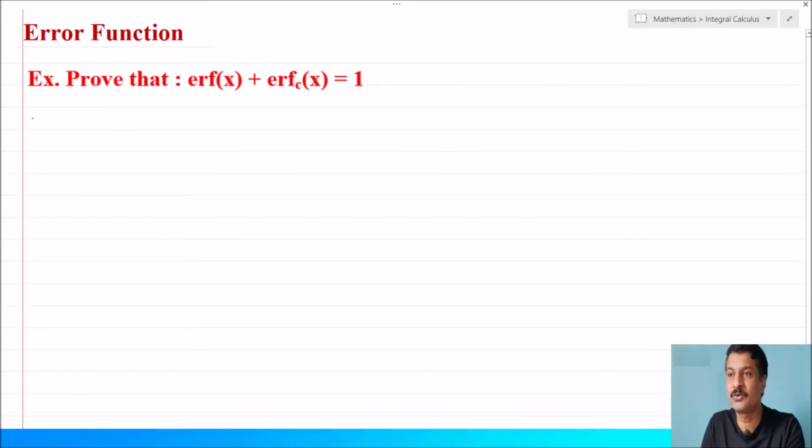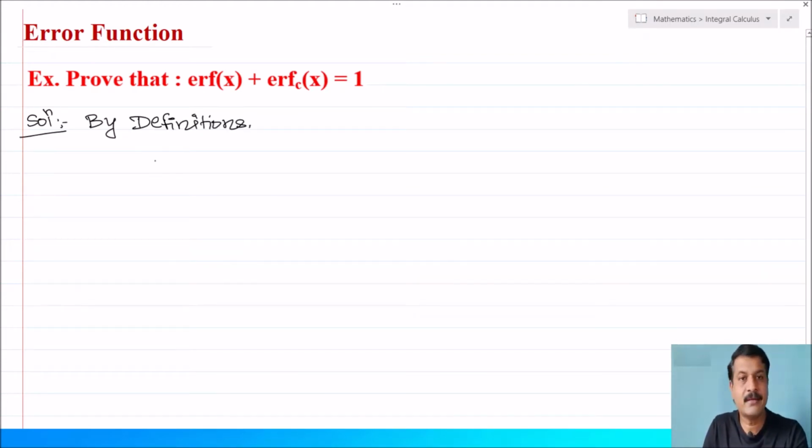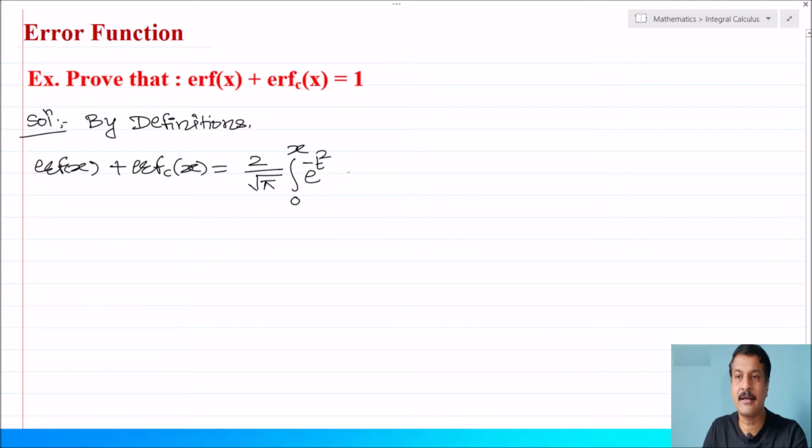The solution: by the definition of the error function and the complement of the error function, we can write erf(x) plus erfc(x) equal to 2 by root pi integration from 0 to x e raised to minus t square dt, plus the definition of the complement, which is 2 by root pi integration from x to infinity e raised to minus t square dt.